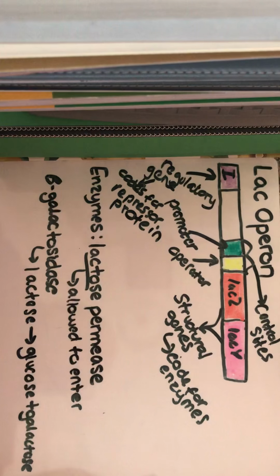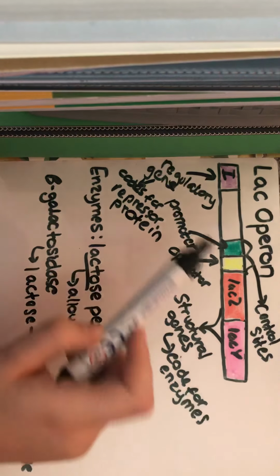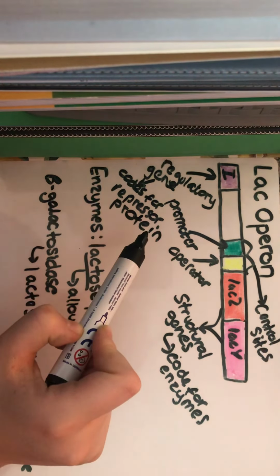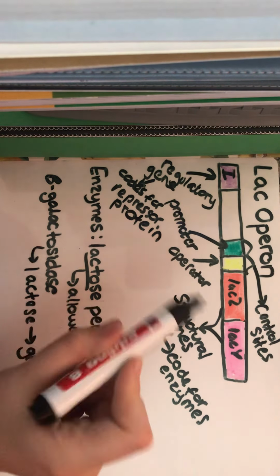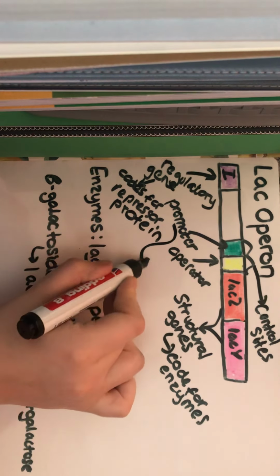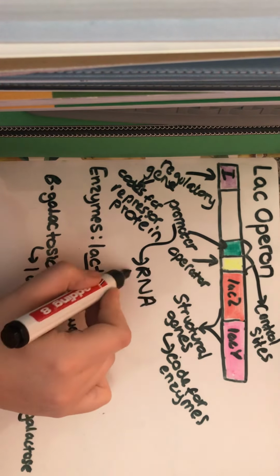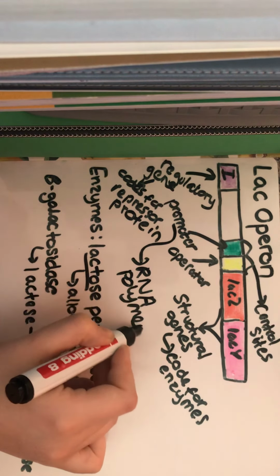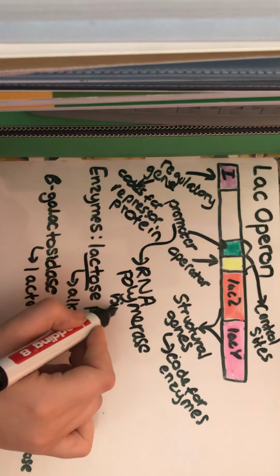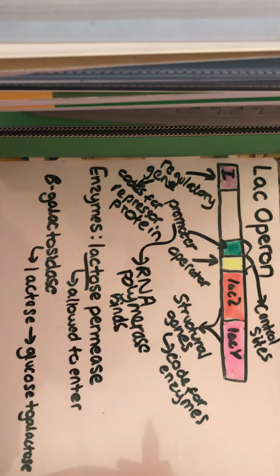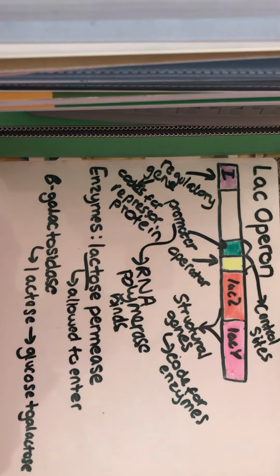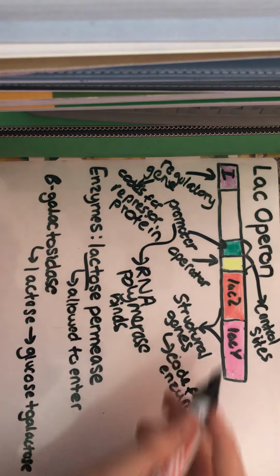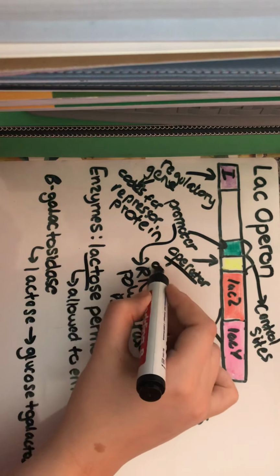So the regulatory gene, we've already said, codes for that repressor protein. The promoter region is where RNA polymerase binds, and it allows the transcription of the structural genes Z and Y. The operator region allows genes to be switched on or off.